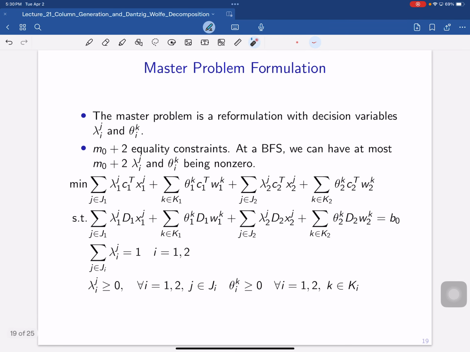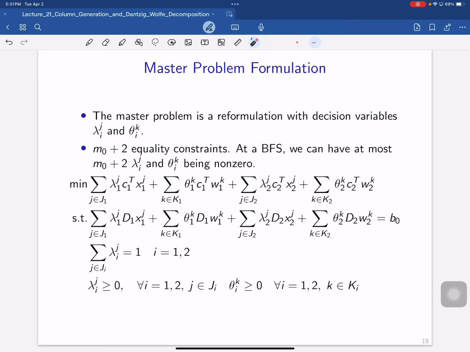So let's use this. Then this is what is called the Dantzig-Wolfe master problem formulation. This looks very congested, but it's really simple. Basically, what we did is replace x1 and its constraints P1 by the Minkowski-Weyl representation, and then replace x2 by its Minkowski-Weyl representation.